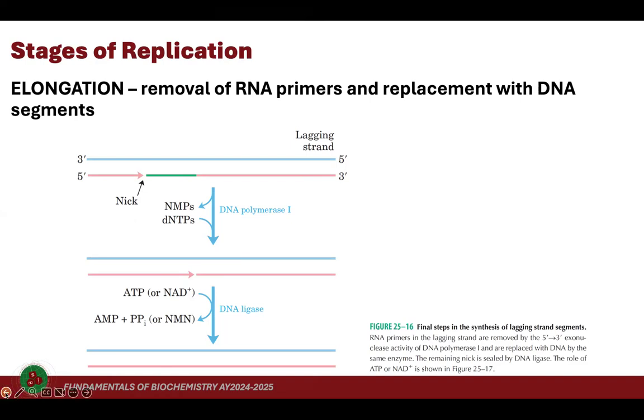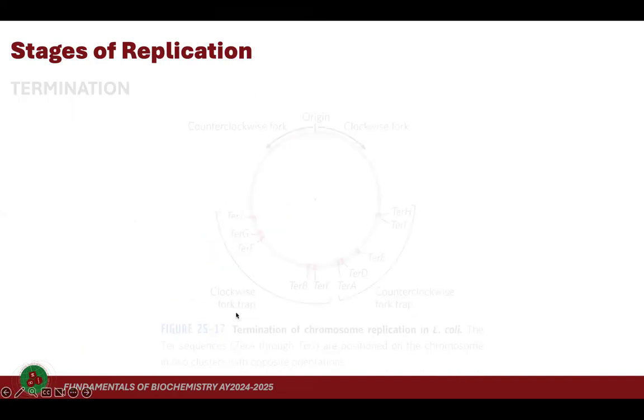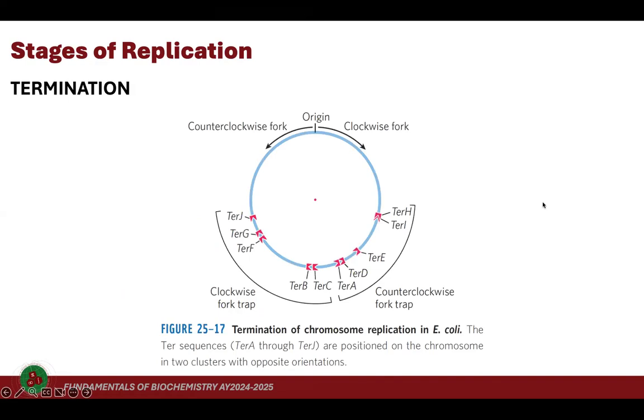Okay, so what about termination? The question is, how does the cell know that it has reached the end? It already has the complete or almost complete new DNA strands.